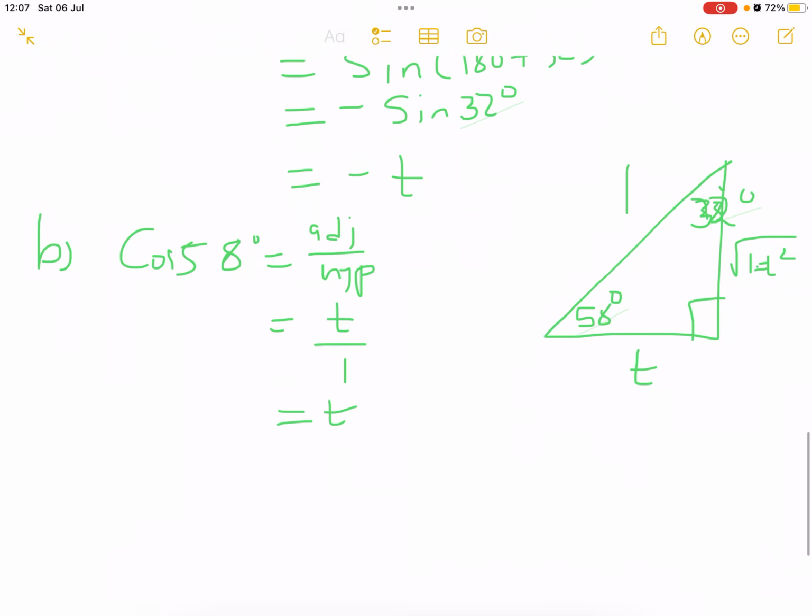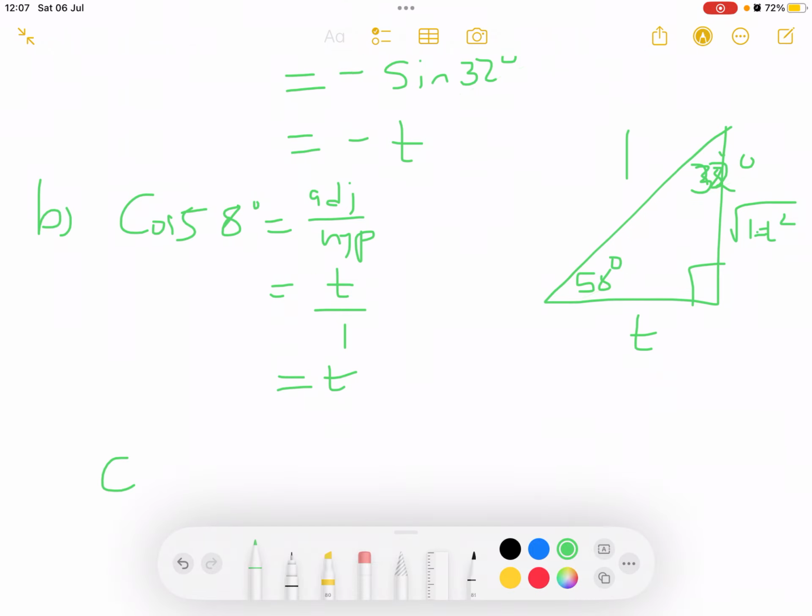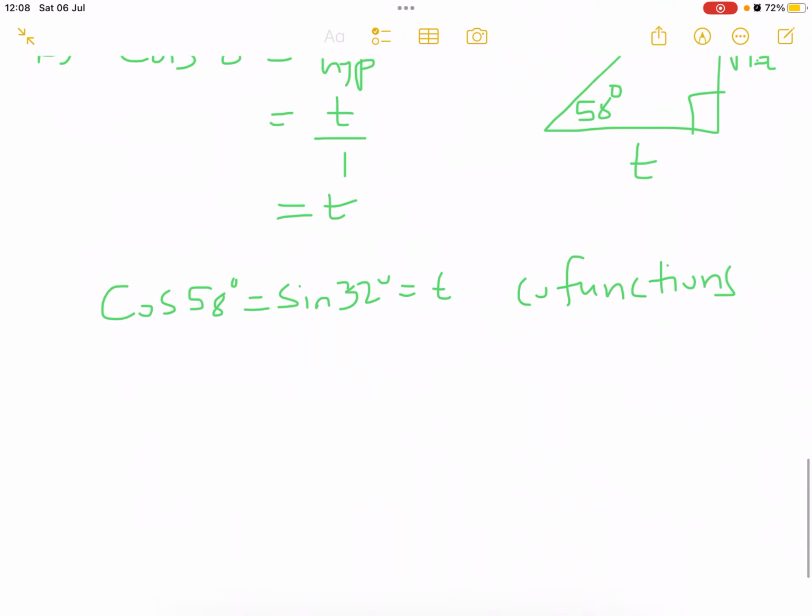Because this is also a cofunction. Cos of 58 is the same as sine of 32, which is equal to t according to cofunctions.